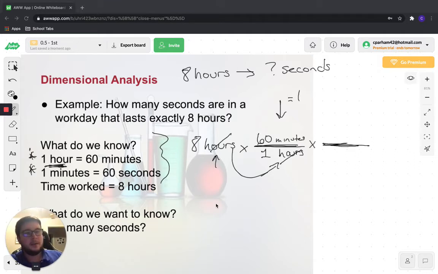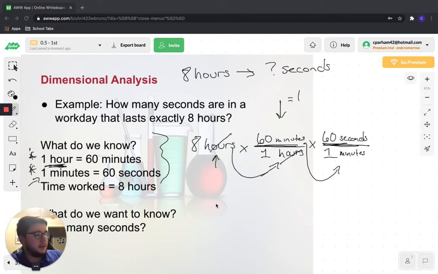Okay? This time, I want to convert away from minutes, so I'm going to put minutes on the bottom of my conversion factor to cancel it out. And then that means I'm going to choose the second conversion factor here. So 1 minute will go on the bottom, and then 60 seconds will go on top.